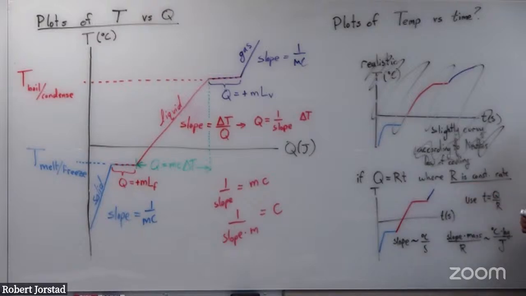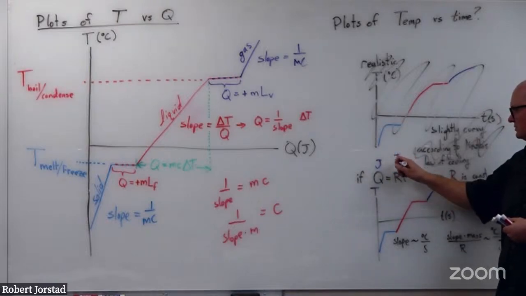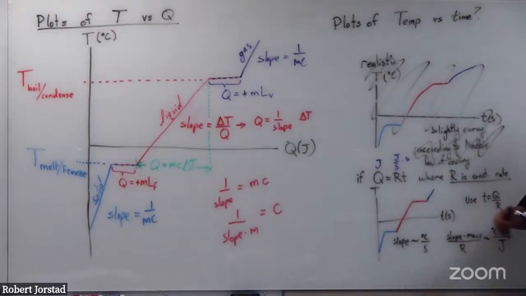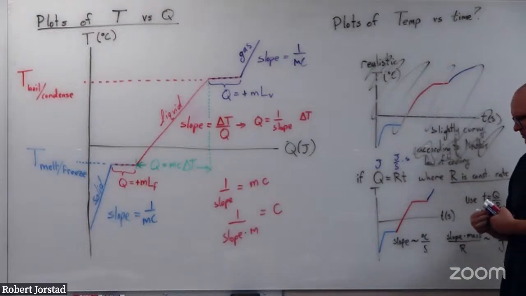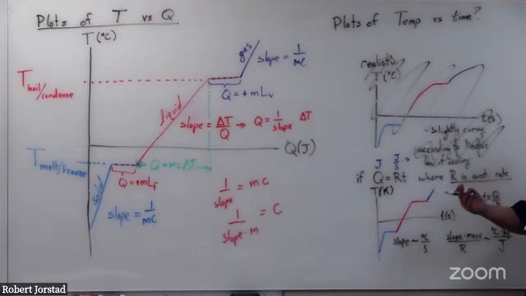So R is that constant rate. Let's get the units of this. So heat is energy, that's joules. This should be joules per second times seconds. Notice how important it is. I guess I should probably put the units on here. Say Kelvin here. Remember, you can use Kelvin and degrees Celsius interchangeably for these particular plots.